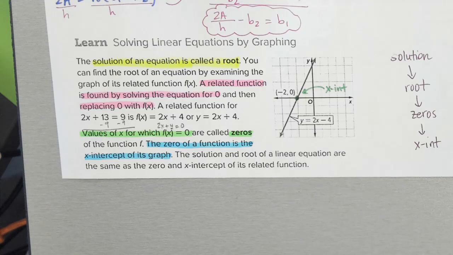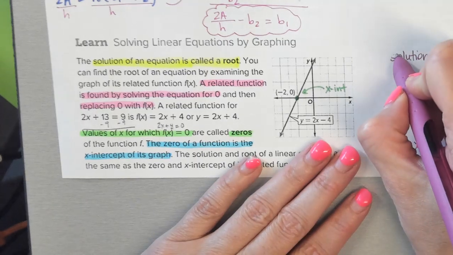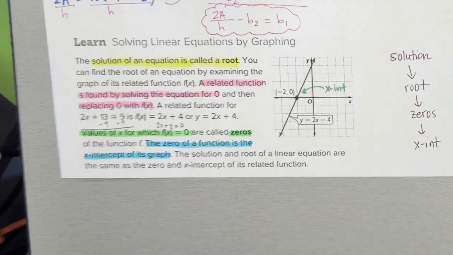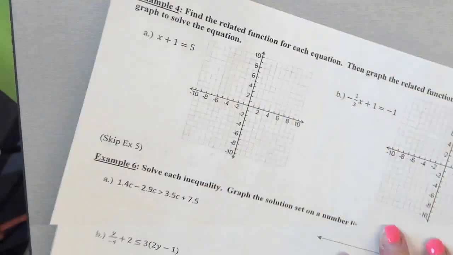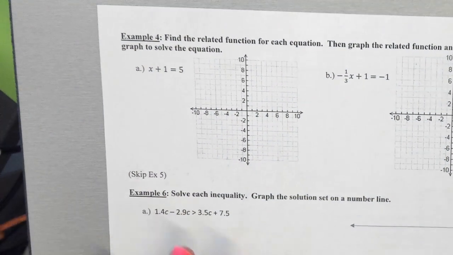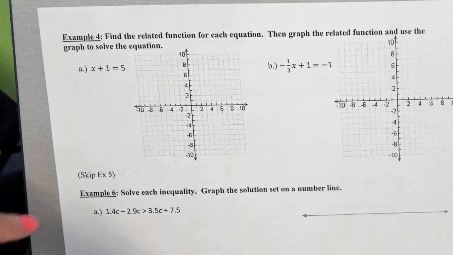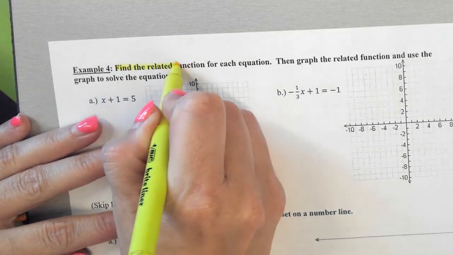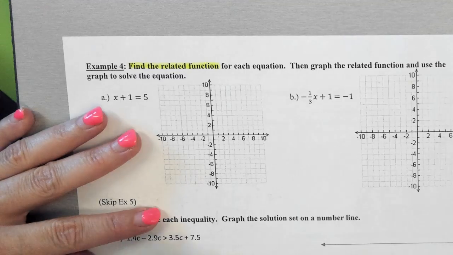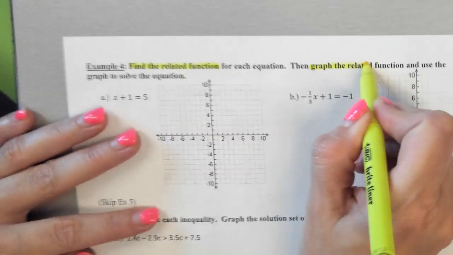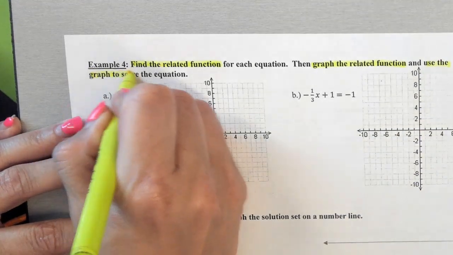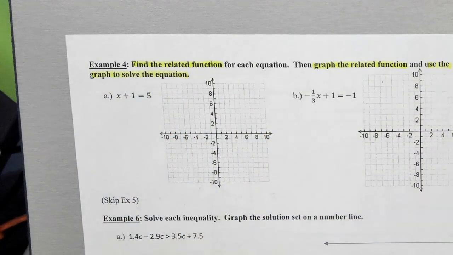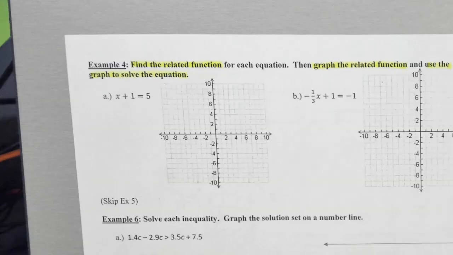Okay, once you get to the back, go ahead and read those directions, because there are going to be two things that we are finding here. So the first thing we have to find is the related function. Okay, then you are going to graph that function, and it says to use the graph to solve the equation. So that's what we're going to do.